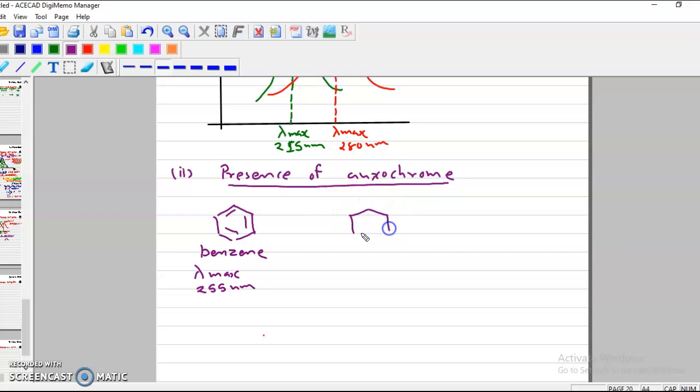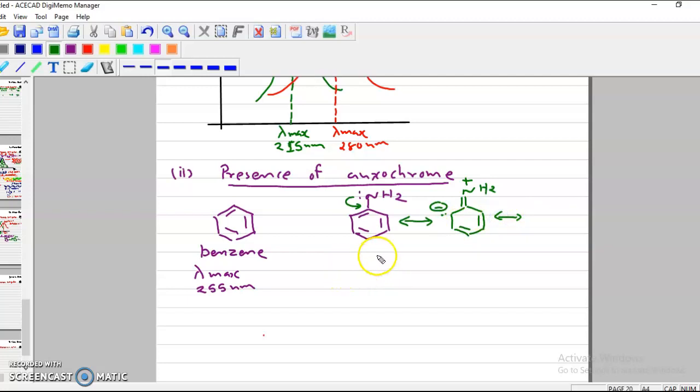But when you put an NH2 group on it, which is an auxochrome, why? Because it has a lone pair of electrons. In this case, you will see that this lone pair of electrons will shift, and you will find resonance structures of aniline. Pi bond electrons shift over here, you will find a double bond, and then pi electrons will shift over here, which will produce a negative charge, and so on. And you will get so many resonance structures.